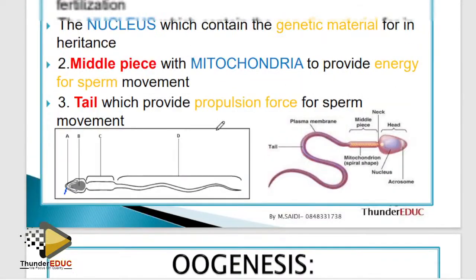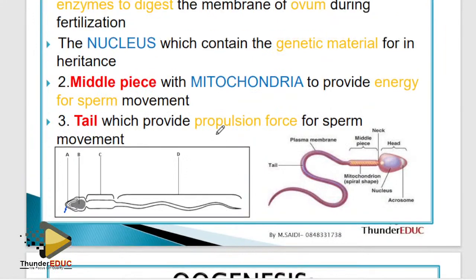Let me tell you how they ask questions here. The first question: the adaptation of the sperm for its function. Now you talk about the long tail to provide propulsion force for forward movement. Don't just say for movement, for forward movement.